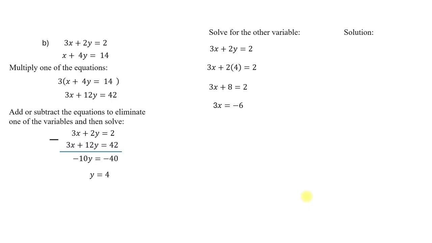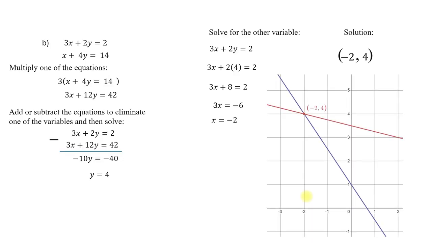Take the 8 to the other side where it becomes a negative 8. Will give us 3x equals negative 6, for a final value for x of negative 2. So our solution is negative 2, 4. And with the graph illustrating this, our lines intersect at the point negative 2, 4.